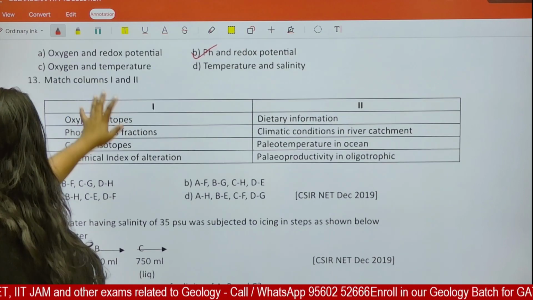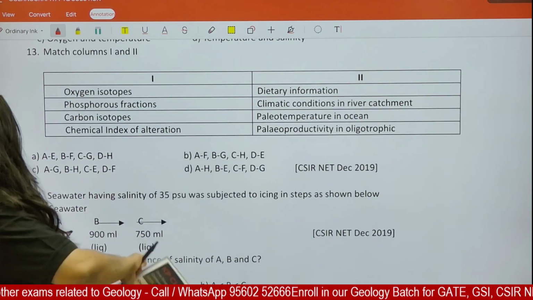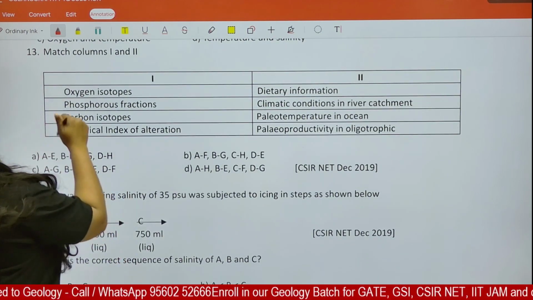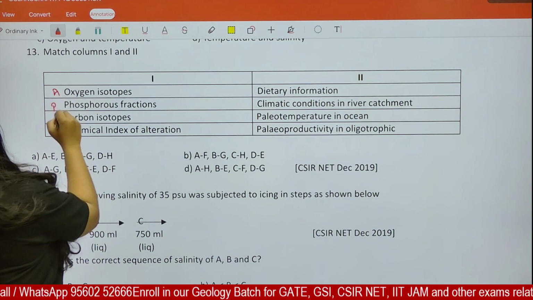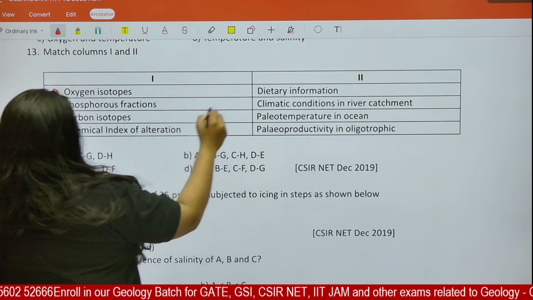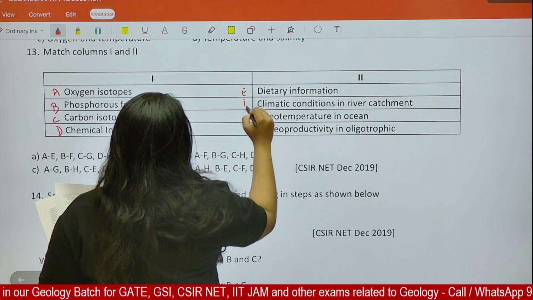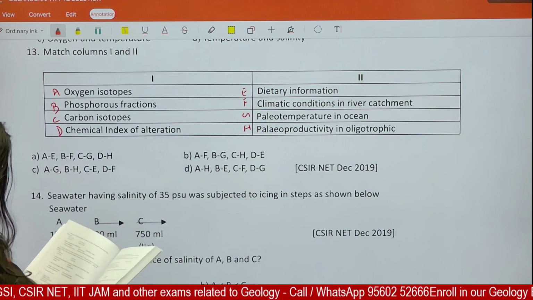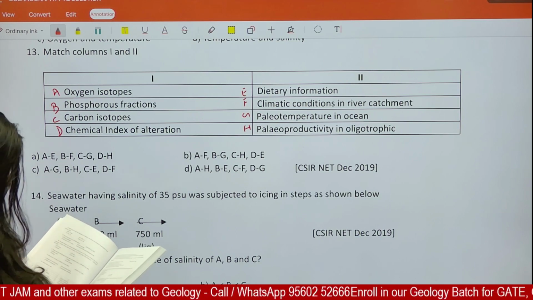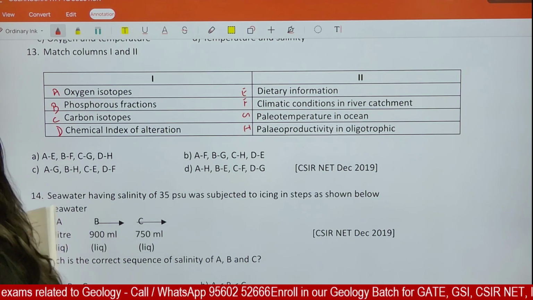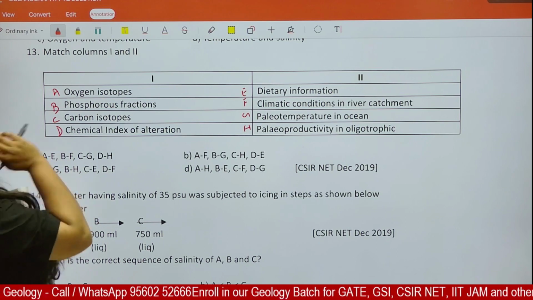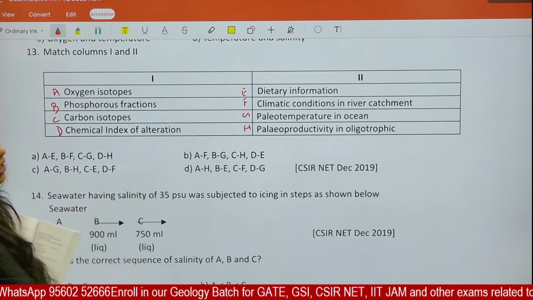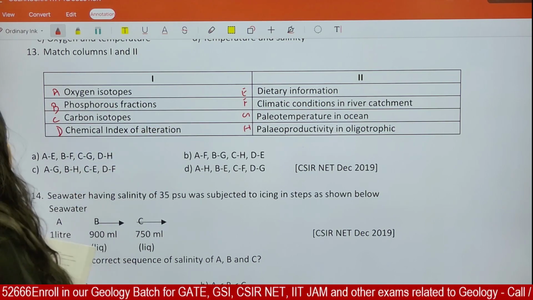Okay. Match column 1 with column 2. So here this will be A, B, C, D, E, F, G and H. Different elements or isotopes are provided, and then the application is what we need to match.